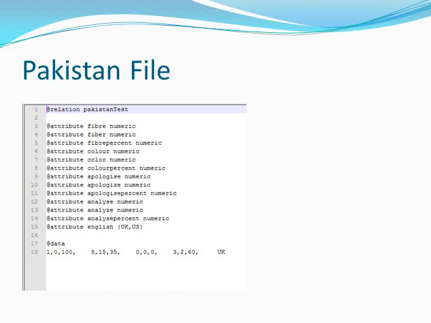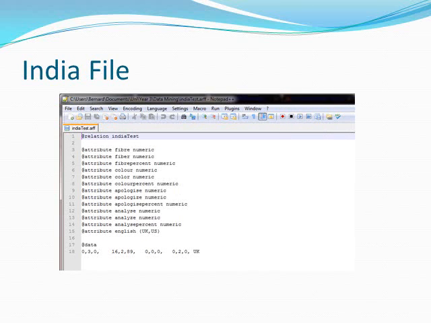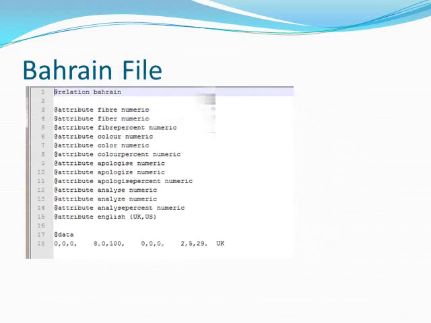And we predicted that the outcome will be US. The same really applies to the Indian file and the Bahrain file. Obviously, the figures will slightly change depending on how often they appear in their individual word lists.